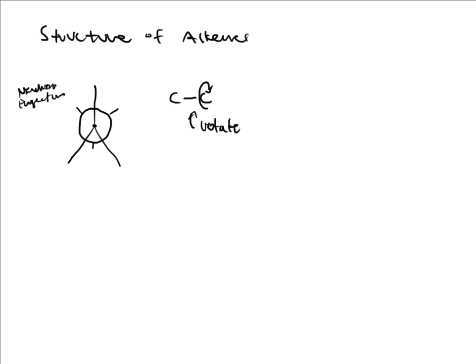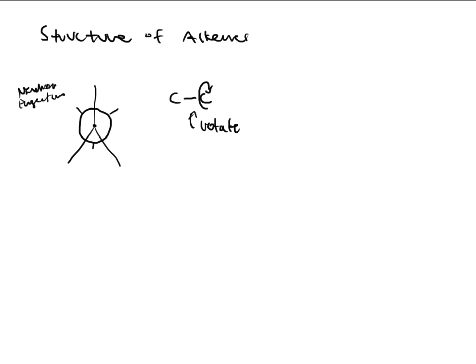And we can focus in on some of these single bonds and begin to talk about gauche, anti, eclipsed and staggered. That's what we basically discussed toward the very end of Module 3.